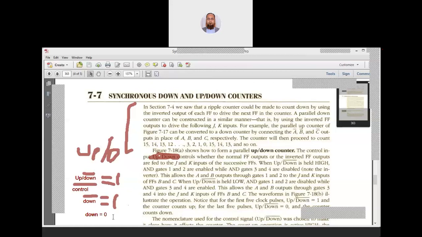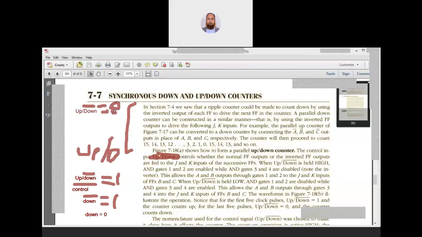If you want this counter to count down, we have to make the input up slash down equal to 0.